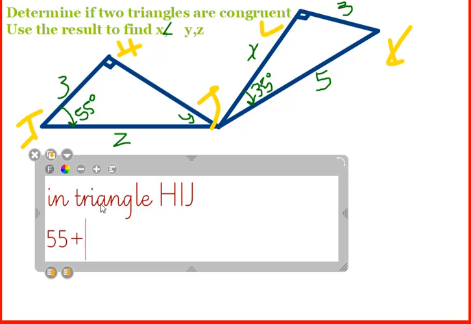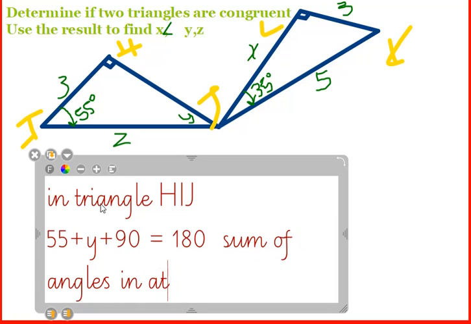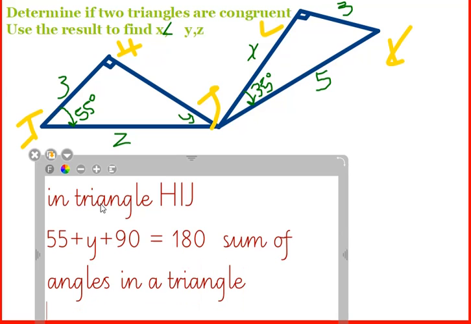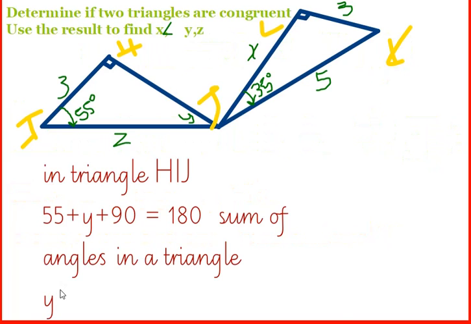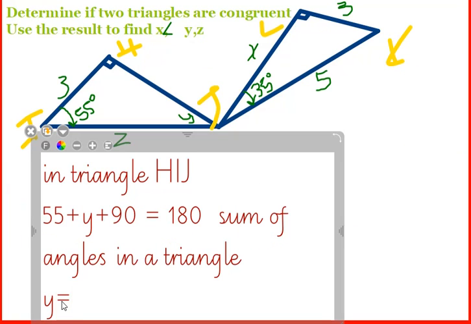we have that 55 plus y plus 90 degrees is equal to 180 degrees. Sum of angles in a triangle. And so our y is equal to 180 minus 90, so y is equal to 35 degrees.